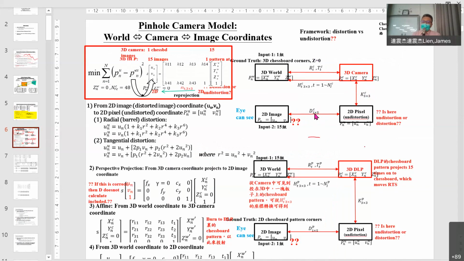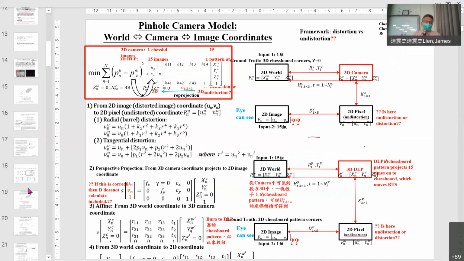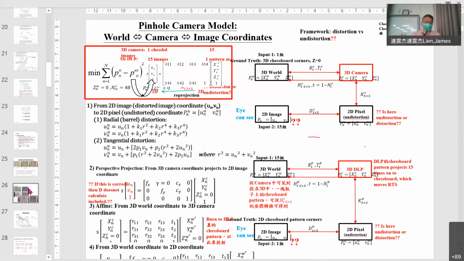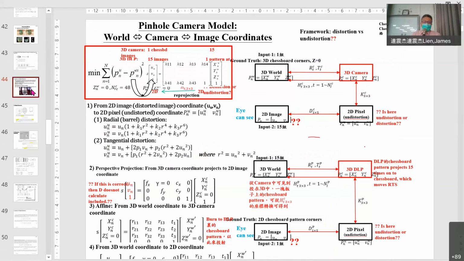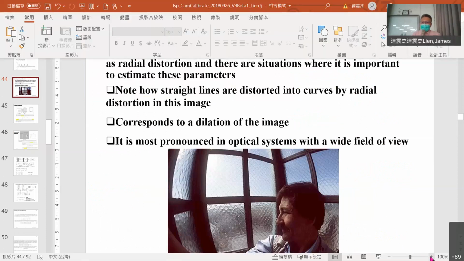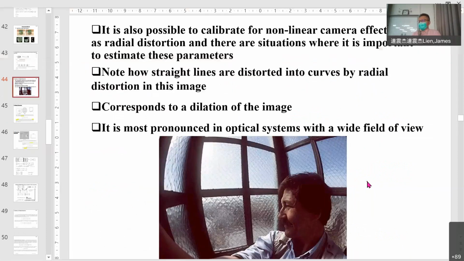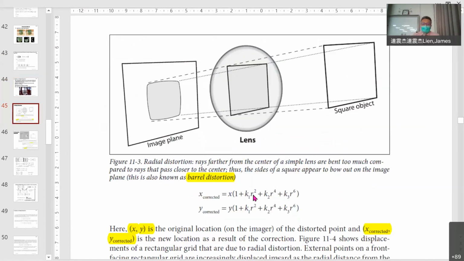With the distortion problem, there are two kinds of distortion. This is from OpenCV in this chapter. It's very good. They explain calibration very well, because for any 3D reconstruction, this kind of process is very important. So they have two kinds of distortion here.